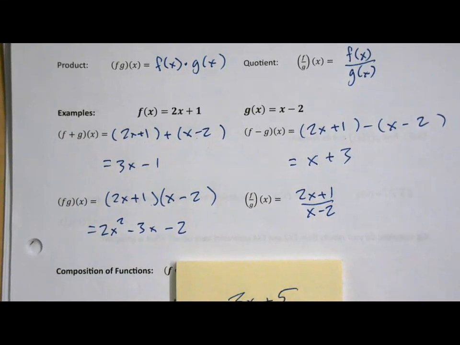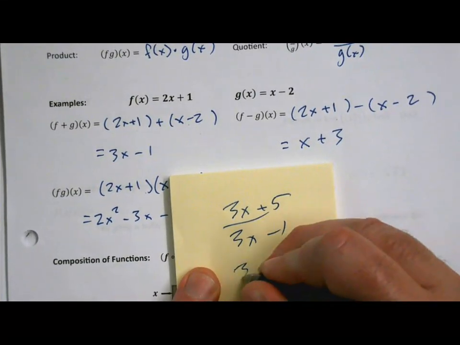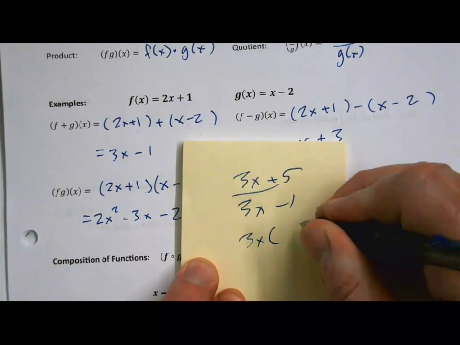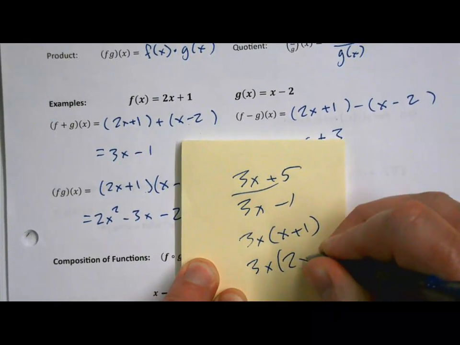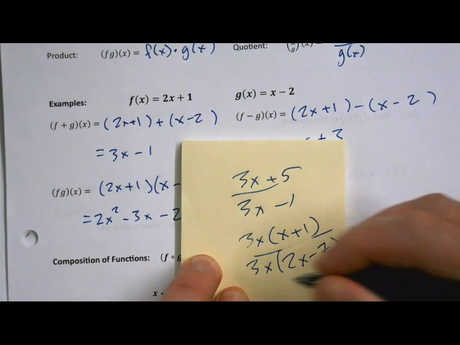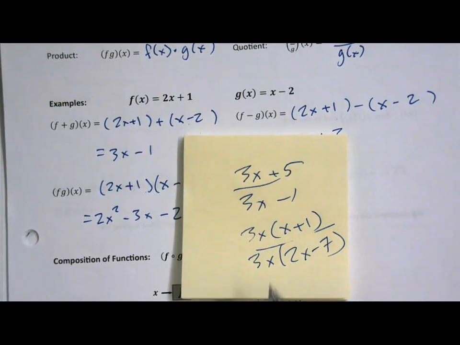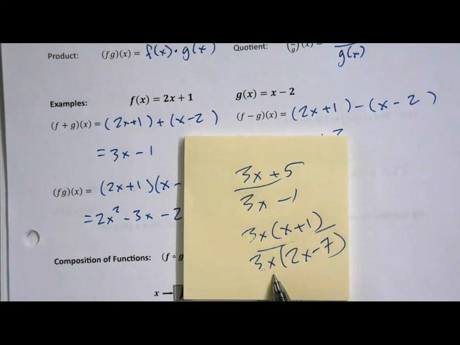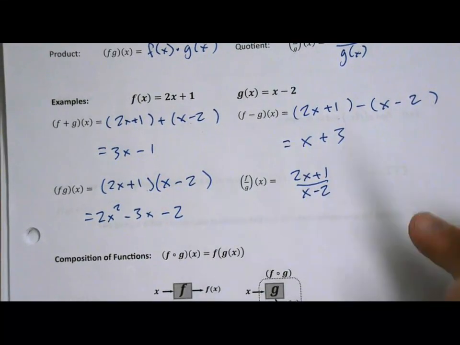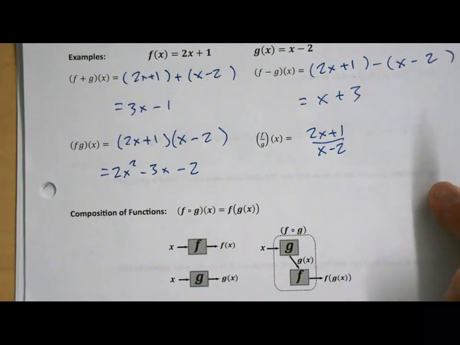So I could not cancel the 3x's here, but if I had 3x times x plus 1 and 3x times 2x minus 7, I could cancel those 3x's because this 3 and this x are factors of the numerator and this 3 and this x are factors of the denominator. They're multiplying by everything else inside. If it's just adding or subtracting, you cannot cancel. It's got to be a factor. It's got to be multiplying by everything else. That's going to become important in chapter 2, but it won't affect us too much right now.